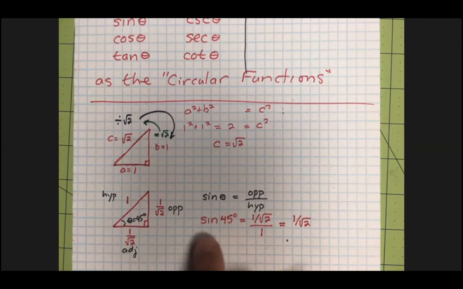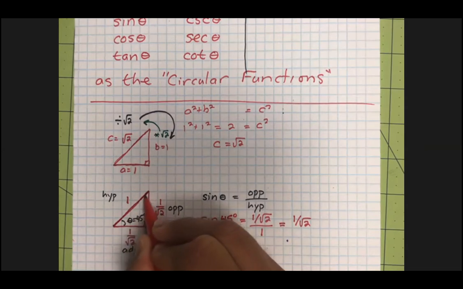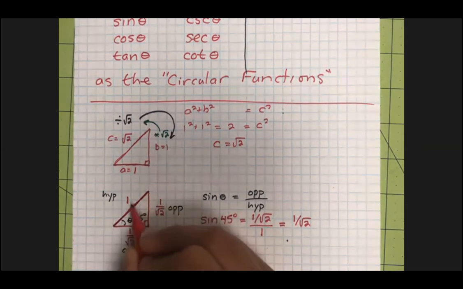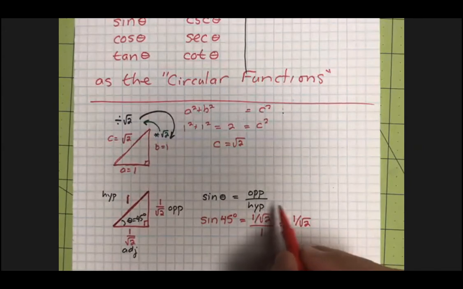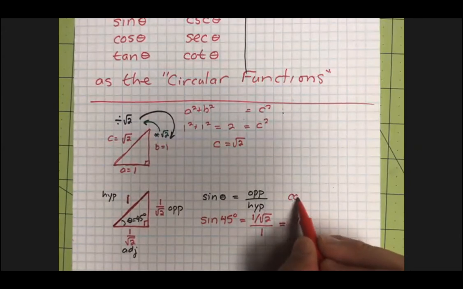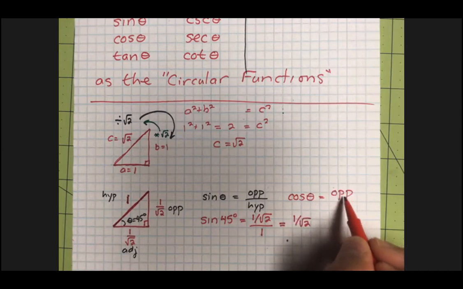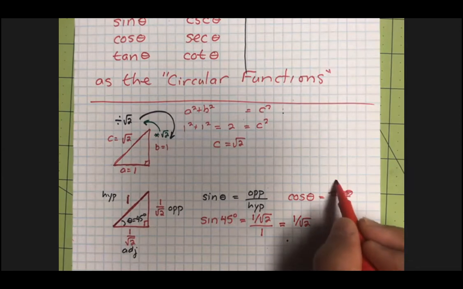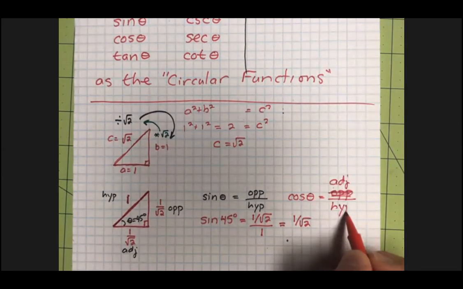But the reason why I'm pointing this out right now is it's very, very convenient to make the hypotenuse of a right triangle 1 unit long. Because then all the formulas, like cosine theta equals adjacent over hypotenuse, anytime I use hypotenuse in one of these formulas, all I have to do is write 1.